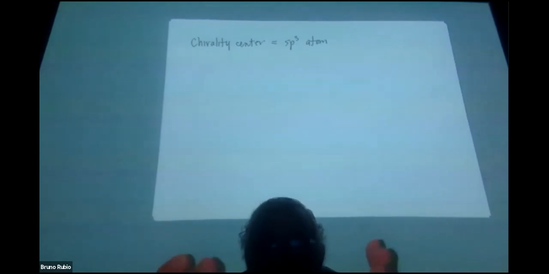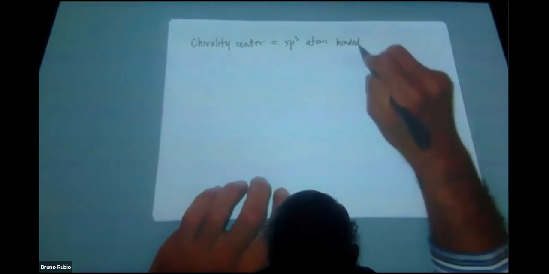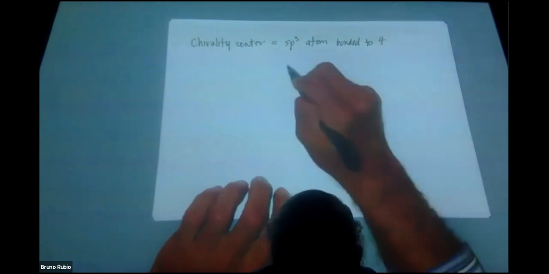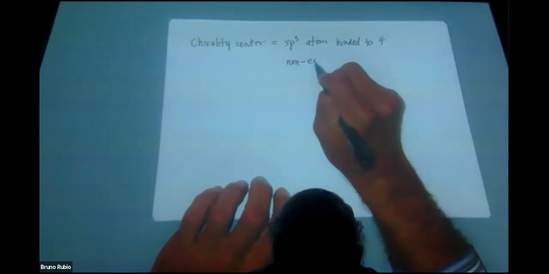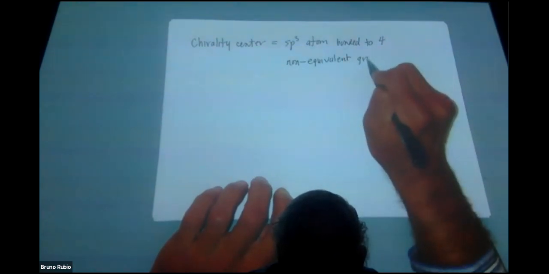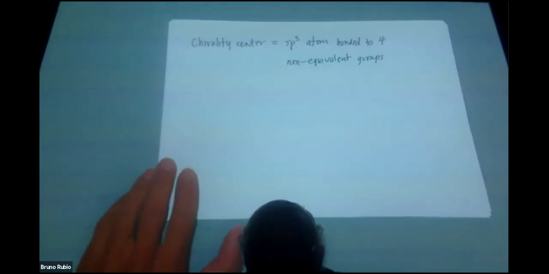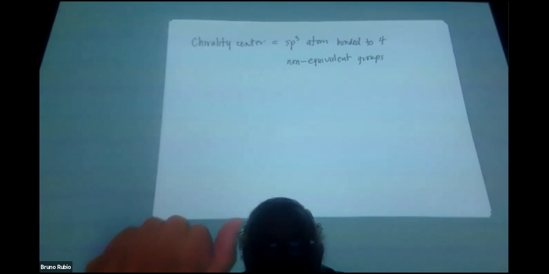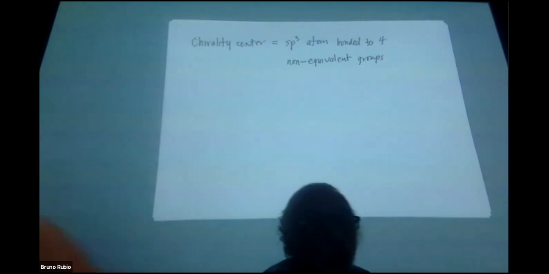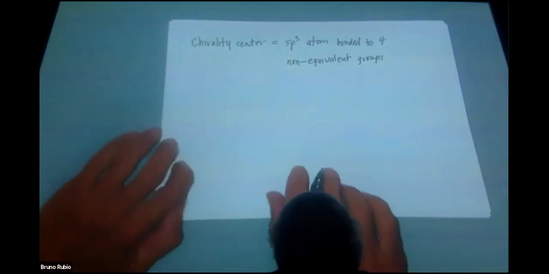It doesn't have to be carbon, but it has to be an sp3 hybridized atom that is bonded to 4 non-equivalent groups. I'm not saying 4 non-equivalent atoms. There's a difference. I'm saying 4 non-equivalent groups. That's what a chirality center is. And if a molecule has one and only one chirality center, then it is guaranteed to be chiral.